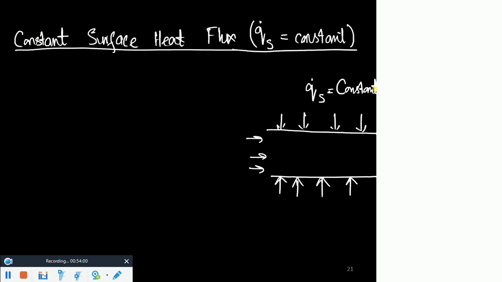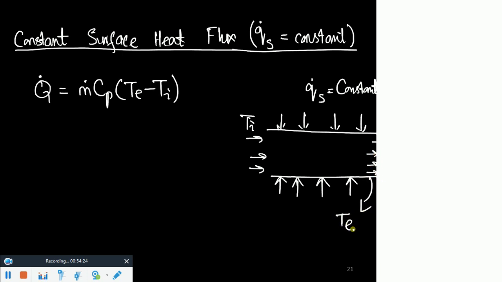Okay. Now, if you remember, can I write the total heat transfer? I'm not talking about heat flux, I'm just talking about heat transfer rate. Can I write this thing as this one? This is Ti and this is Te, the temperature at the exit.